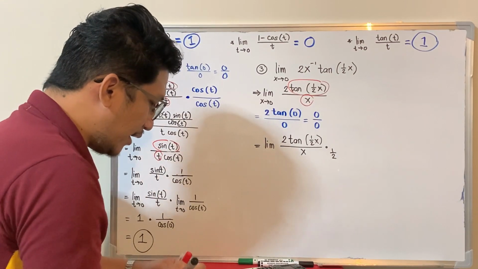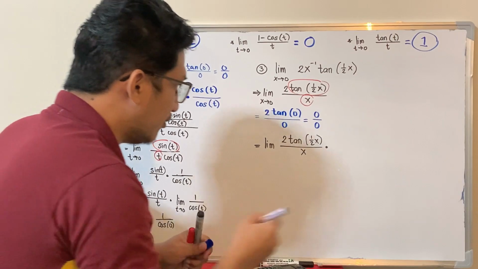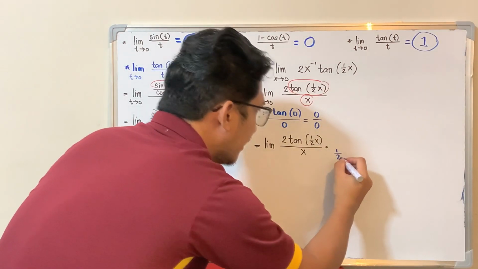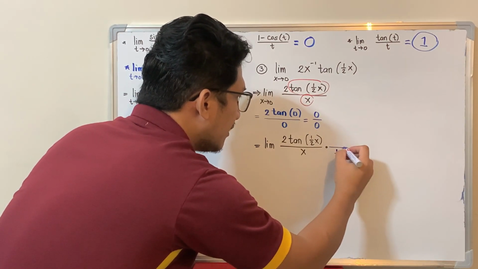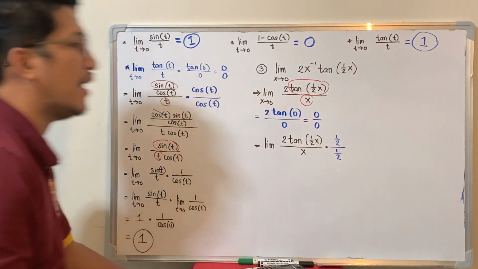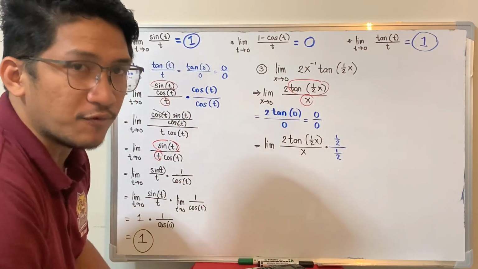Pero para wala ko i-violate, mag-multiply sa 1/2 sa numerator. Siyempre, 1/2 over 1/2 is just 1 gihapon.